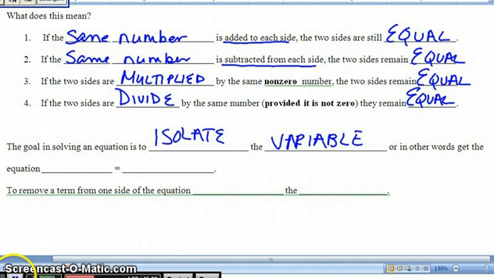Our goal, in other words, is to get our equation written so we have variable equals some constant or number. And then one more rule that we use is to remove a term from one side of the equation. We're going to use the opposite operation.